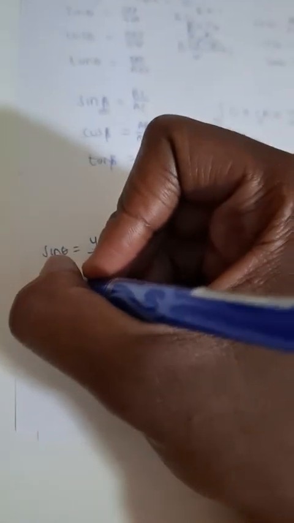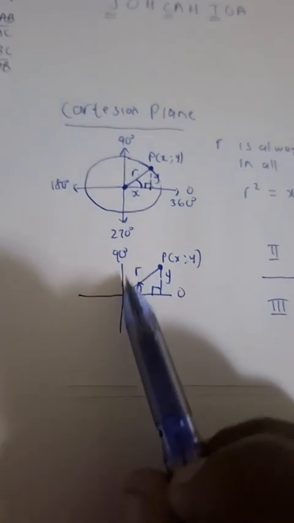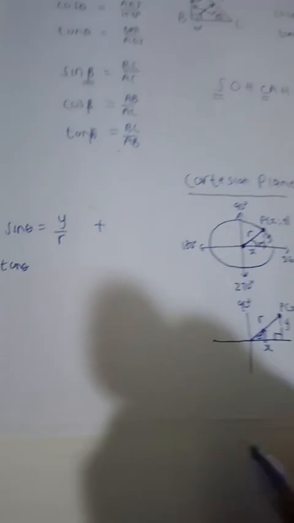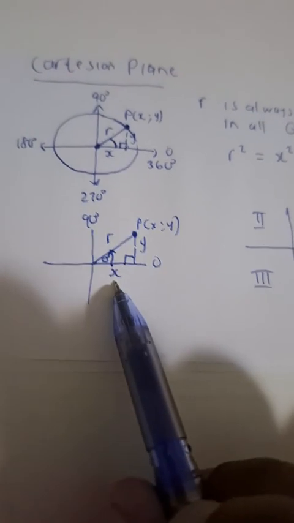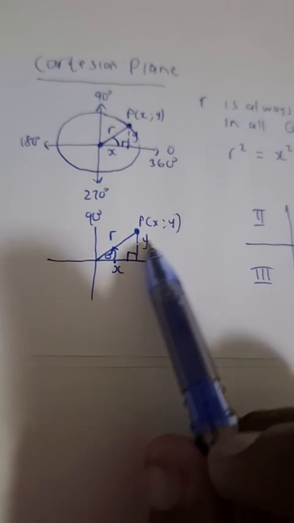And they are all positive. Remember, y here is positive, and r is always positive in all quadrants. So therefore, the trig definition for sine is a positive one. Very important to note. What about tan? Tan will be opposite over adjacent.